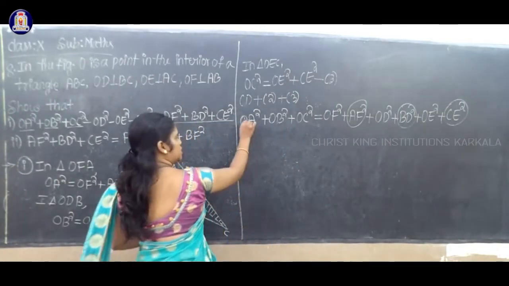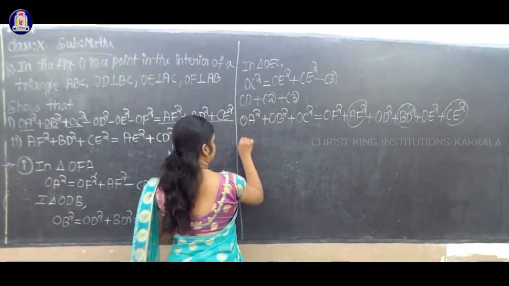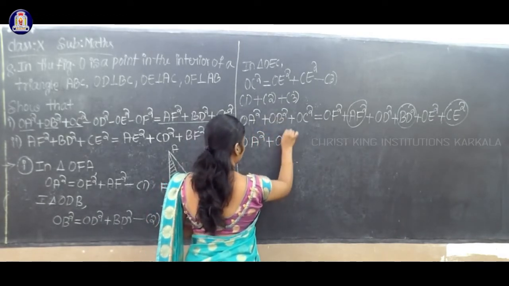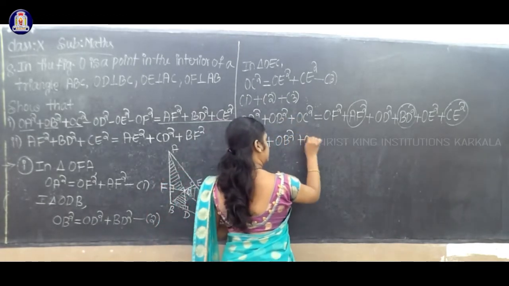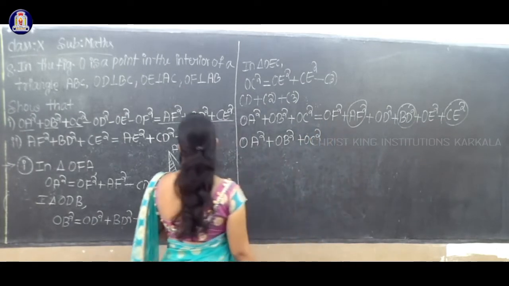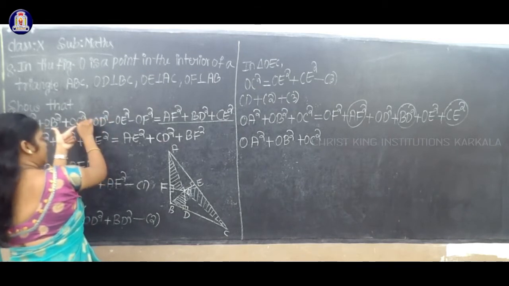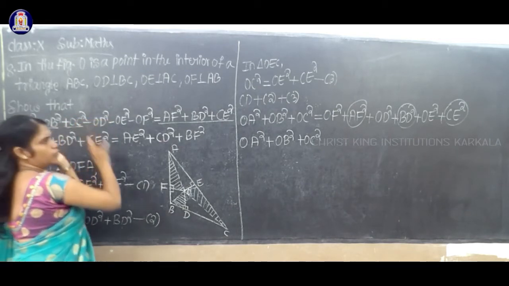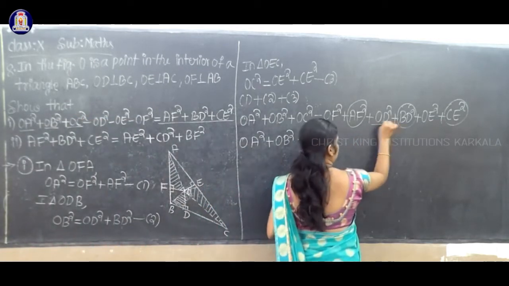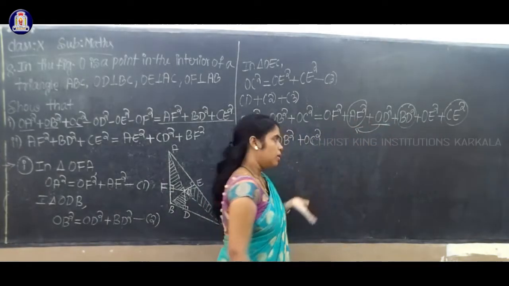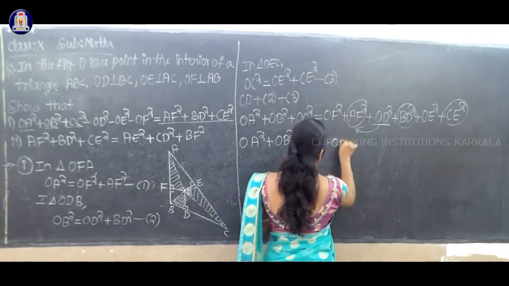So first write the left hand side terms as they are, that is OA square plus OB square plus OC square. Now minus OD square. Where is your OD? While this OD comes to the left hand side, it will become minus OD square.